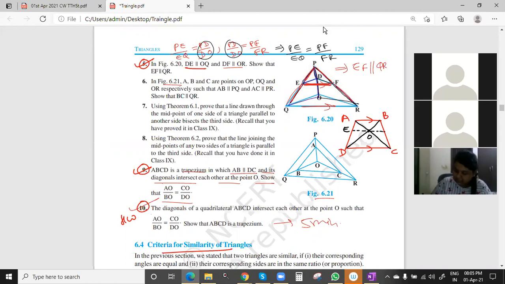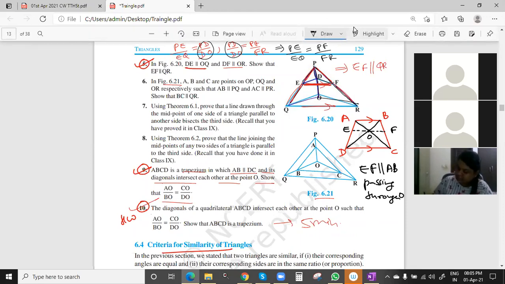We can draw EF parallel to AB passing through O. So for triangle ADC, we can say EO is parallel to CD.